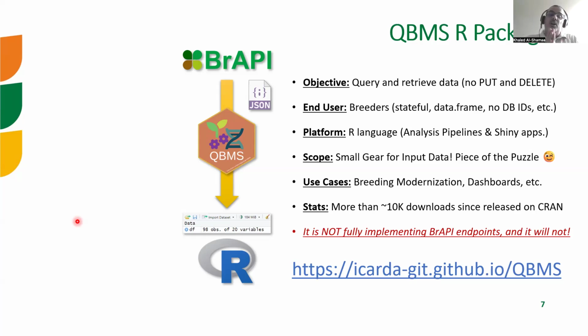Then our end users, whom we focus on serving, are the breeders and the scientists. We are not talking about software developers or any experts of this kind, because they can directly use the BrAPI standard with the GET and POST calls or whatever. But breeders would like to hide all these technical complications under the hood. So instead of using database IDs, they just use the normal names of their trials, of their crops, or whatever.